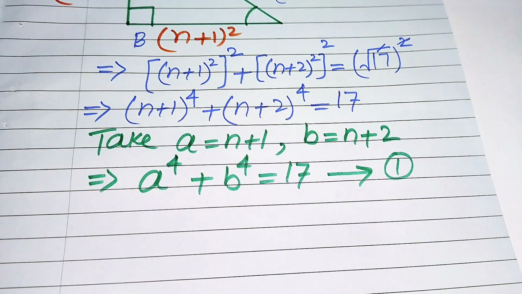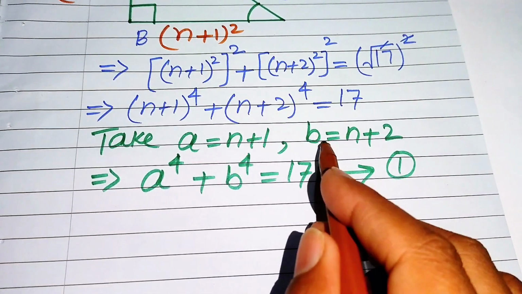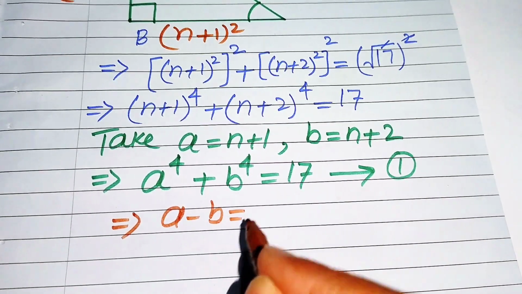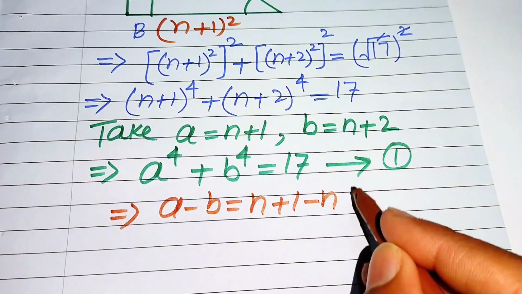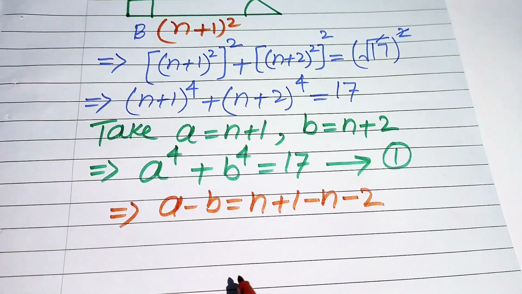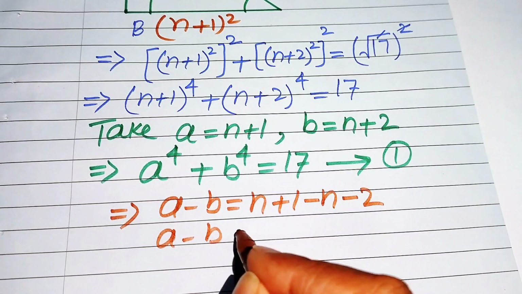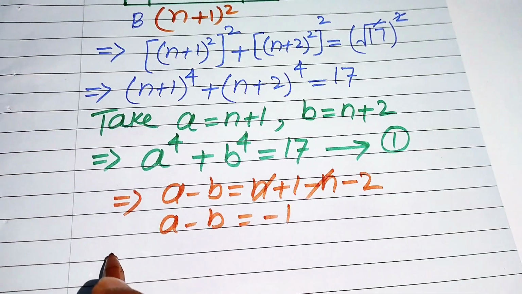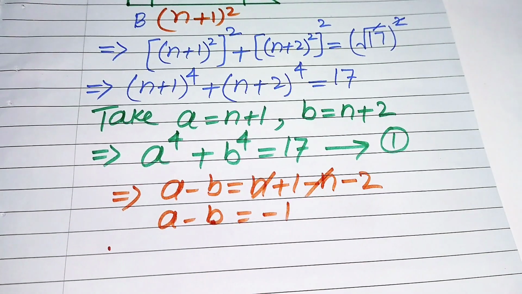Now in the values of a and b, if we subtract them, we obtain a minus b equals n plus 1 minus n minus 2. Here the n terms are gone, and 1 minus 2 equals minus 1. So a minus b equals minus 1.